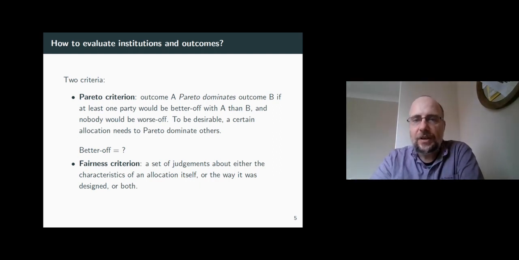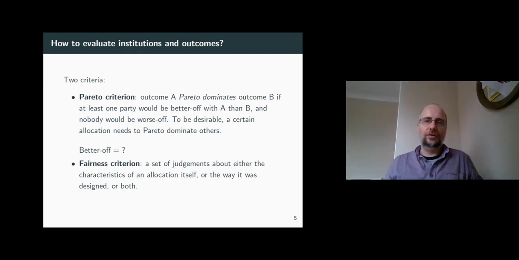But we sometimes don't look at the outcomes at all. We look at the rules according to which a certain allocation is going to take place, and we evaluate the rule itself, the way it was designed, not the outcomes.